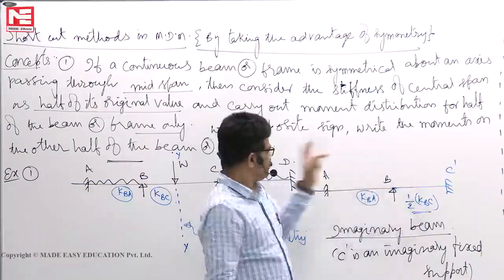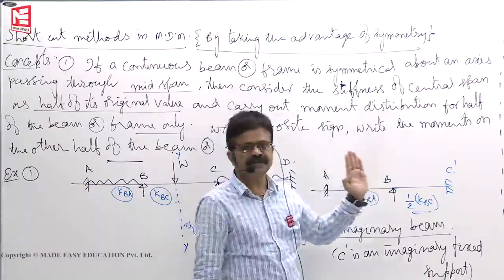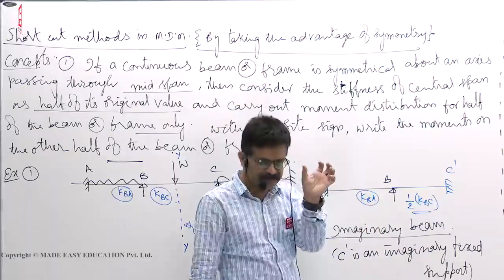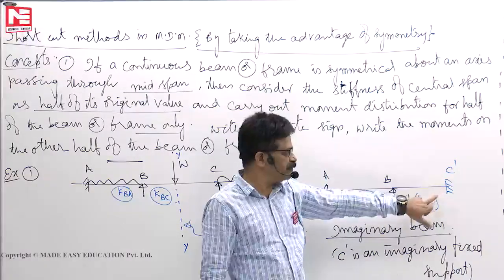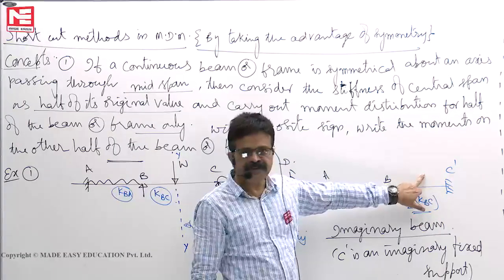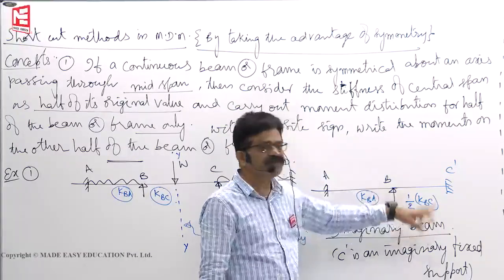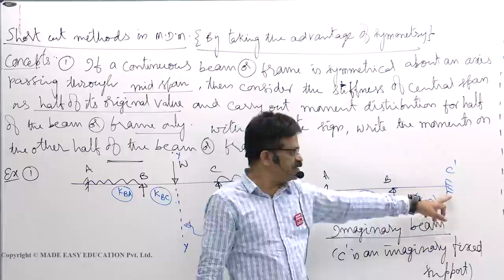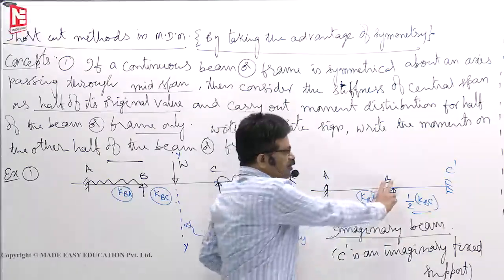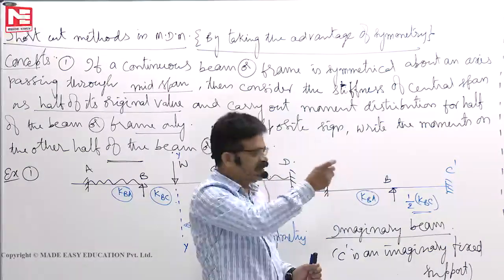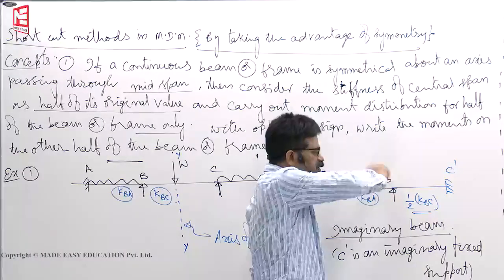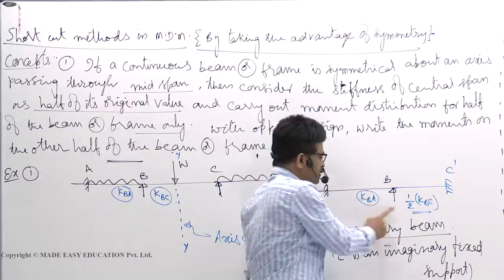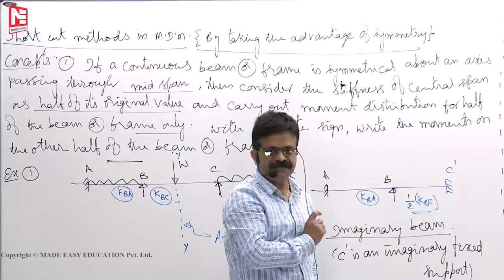In the process, if the axis of symmetry passes through the midspan of a beam, that span you have to pluck out and keep a fresh part of the beam such that its stiffness is half of KBC. This is now an imaginary fixed support. Whatever end moments you get, KBA, KBC, you distribute them in the ratio of their distribution factors.